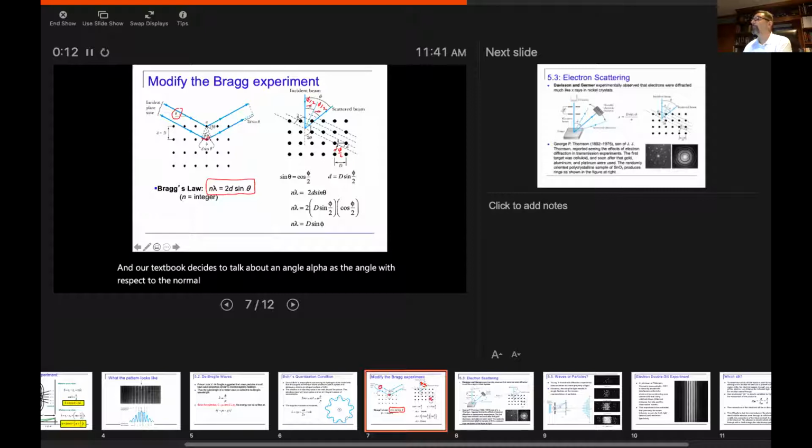They bring the incident beam of X-rays in this way, and we'll talk more on Wednesday about what they actually had hit, an array of atoms in a crystal lattice. It looks like it's normal to what we'll call the principal plane, the ones that are horizontal as I'm drawing this right here. Of course, if that was the plane that you're reflecting off, it would just bounce straight back.